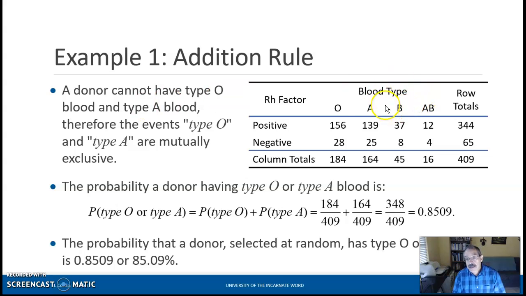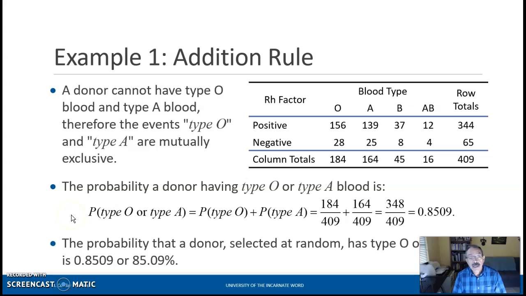And you can see it here on this table. The type O is this column and the type A is this column. There's nothing in common between these two, the frequencies associated with the type O or with the type A. So in this case, we're going to use the version of the addition rule for mutually exclusive events.